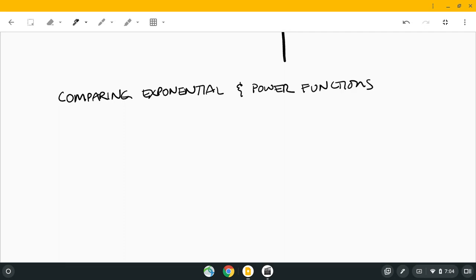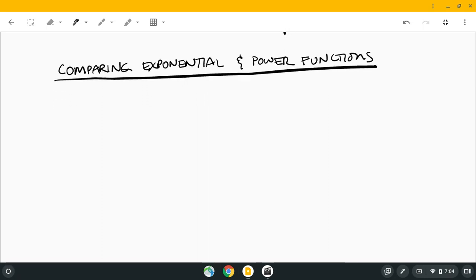All right, let's take a look at comparing exponential and power functions. Let's go ahead and consider the following.